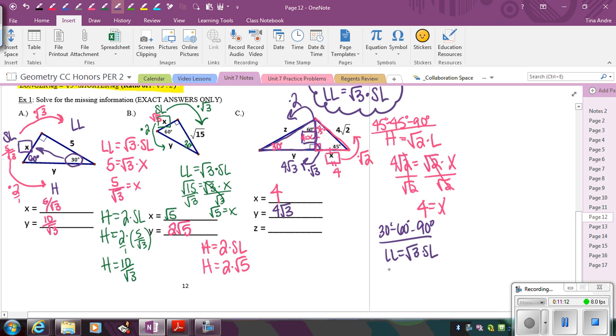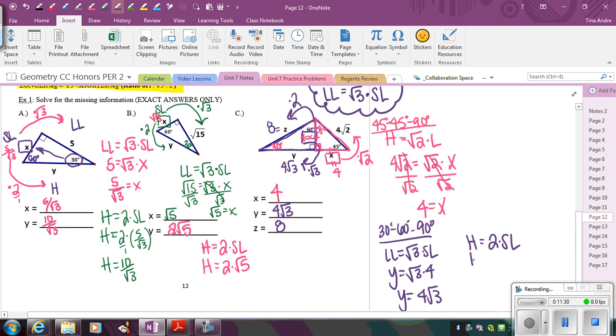Or fill in the formula: y is equal to root 3 times 4, so 4 root 3. And your hypotenuse is equal to 2 times the short leg, so 4 times 2 gives me 8.